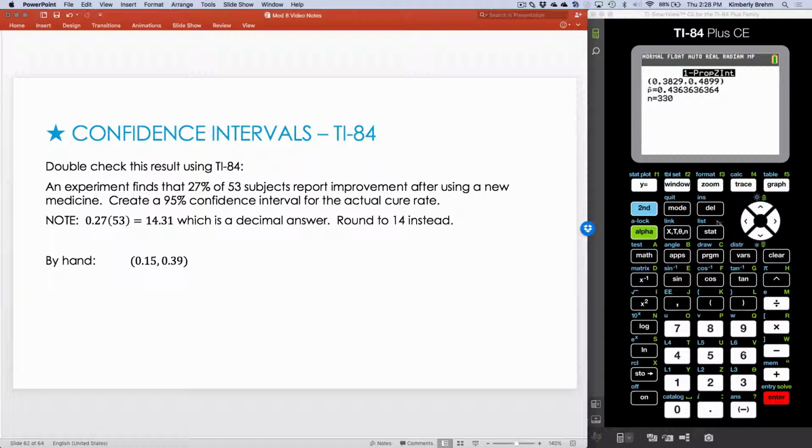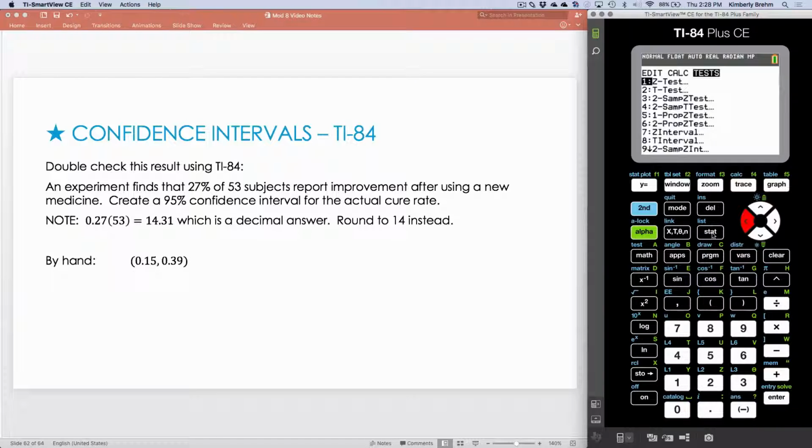So again, on my calculator, I'm going to go to Stat, and then I'm going to arrow to Tests. I'm doing a confidence interval. It's a 1 proportion confidence interval. So that's A, 1 prop Z int. In this case, X. If I take 0.27 times 53, I get 14.31. And when I did this on StatCrunch, I could just put in 14.31. The calculator says, no, you can't.